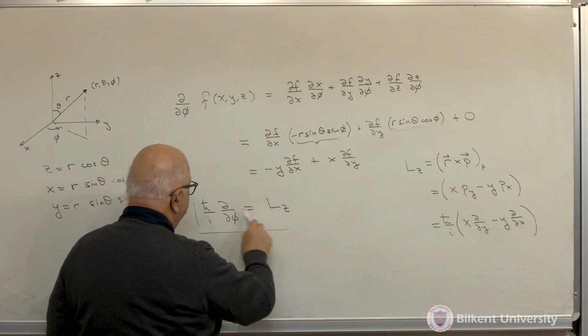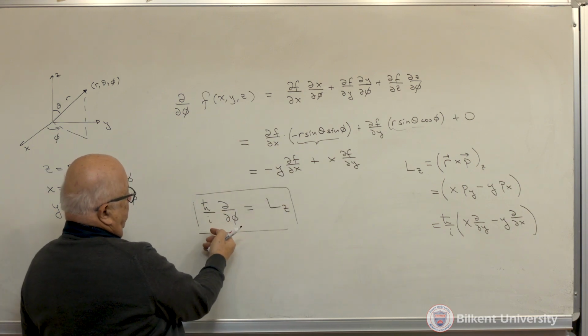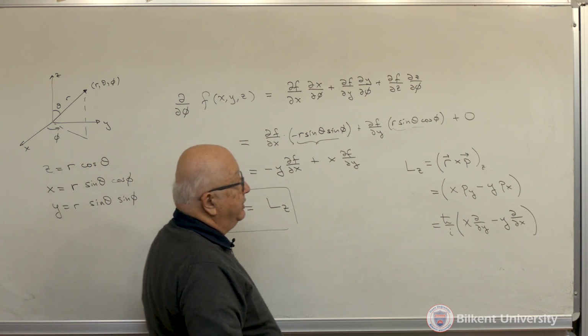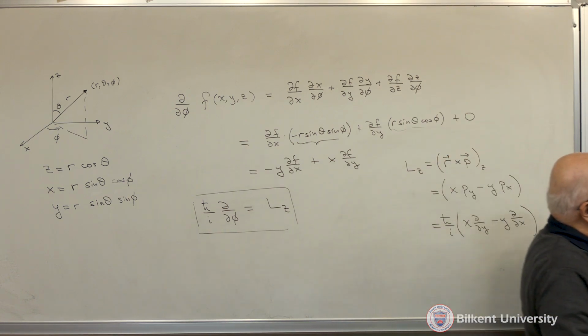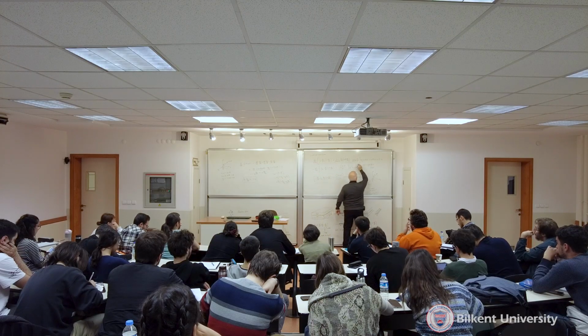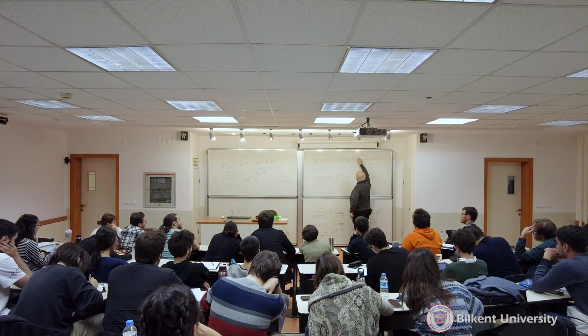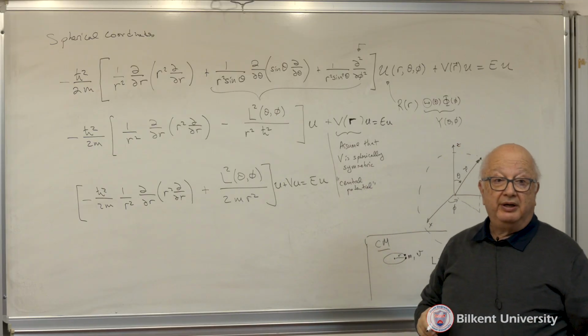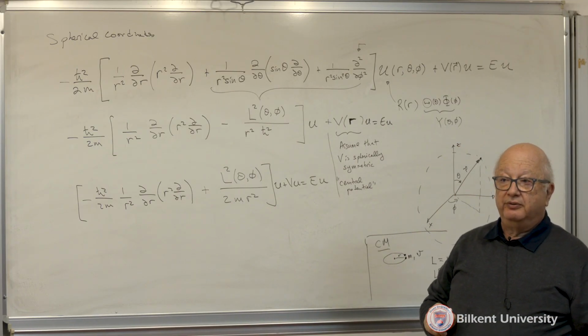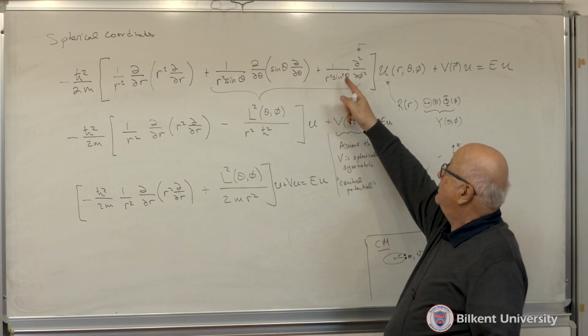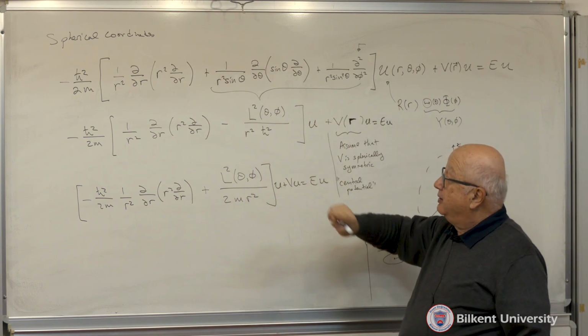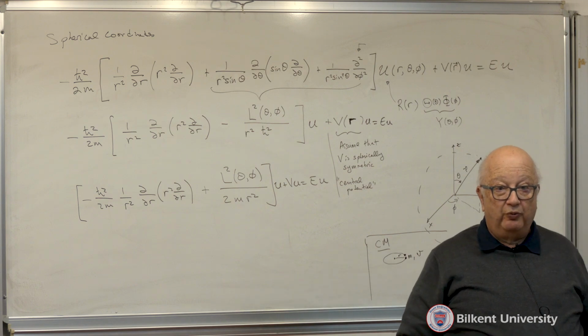So you see these things, without the h bars, can be related to these derivatives. There's an Lz hiding here. Lz squared, in fact, is hidden there. It has a prefactor and everything, but that's just to give you a sense of what is needed.